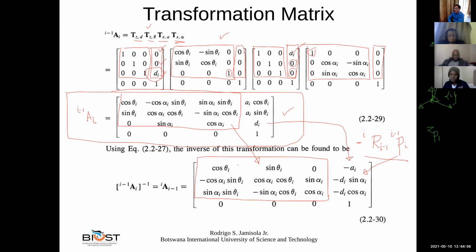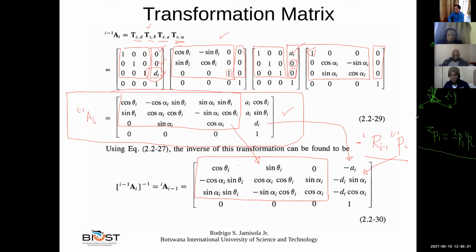Now you can see this. Previously the vector was in that direction, and now it is in the opposite direction. You take the negative of that vector. But because we want to express it with respect to frame 2, you multiply it with 1R2.